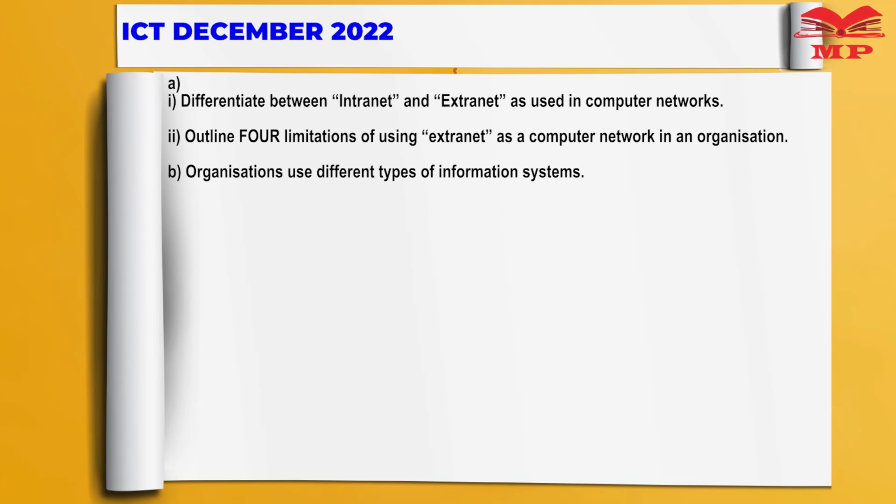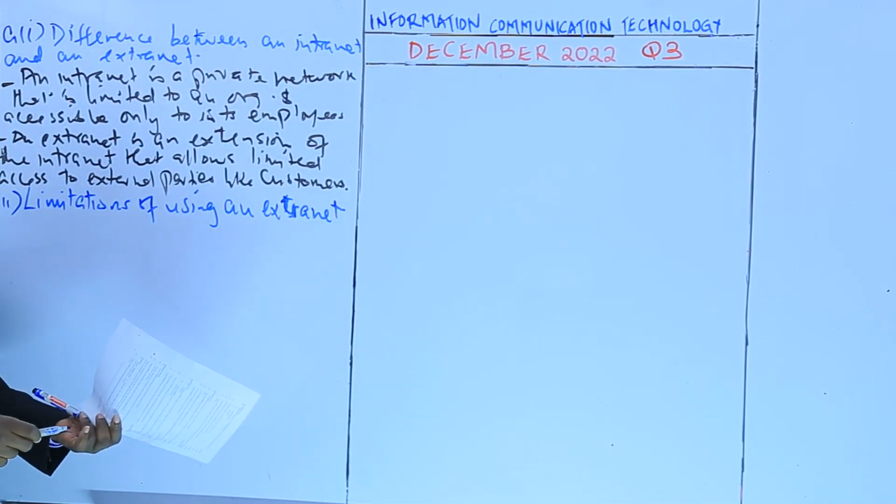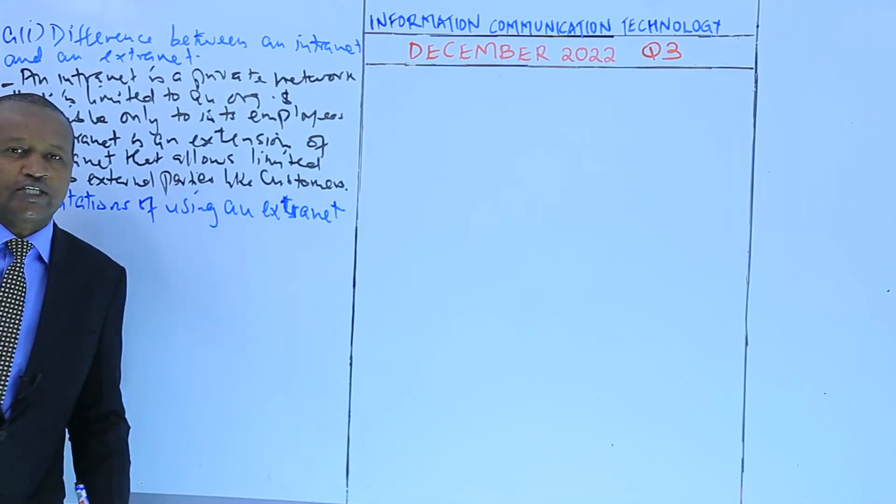Roman 2, outline 4 limitations of using extranet. Limitations of using an extranet.